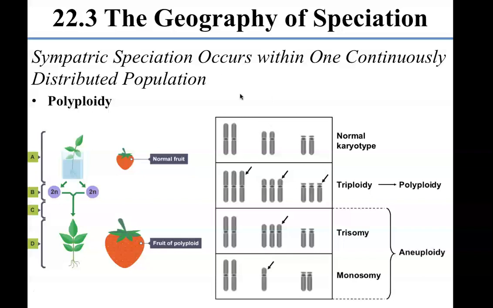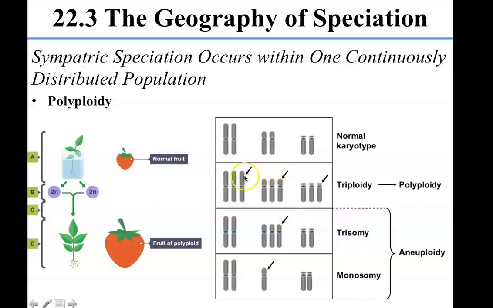Okay, so the first term to wrap our minds around is polyploidy. So polyploidy is simply a genetic phenomenon where an individual has extra copies of chromosomes. So in this example, here's our normal karyotype. The karyotype is simply the chromosomes that are represented in that species.